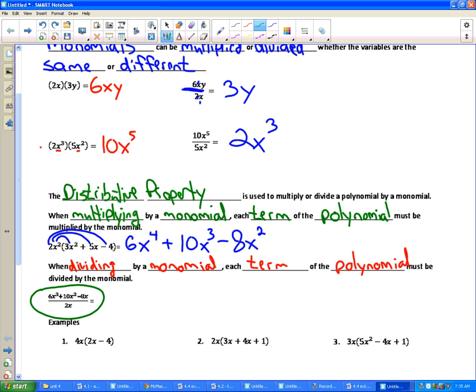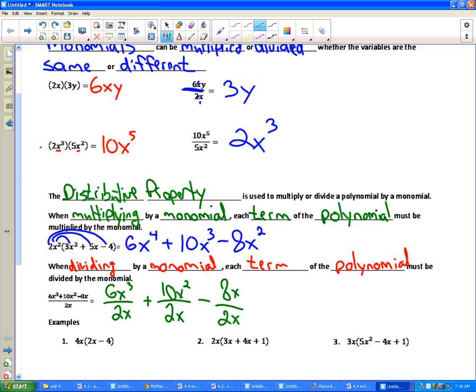So this is the one we're going to look at. We've got 6x cubed plus 10x squared minus 8x, all divided by 2x. So really what I can do here is say, well, it's really 6x cubed divided by 2x plus 10x squared divided by 2x minus 8x divided by 2x.